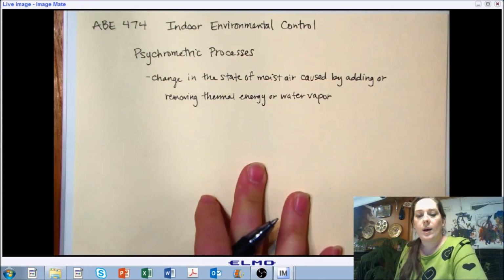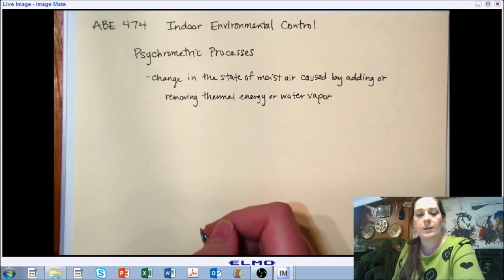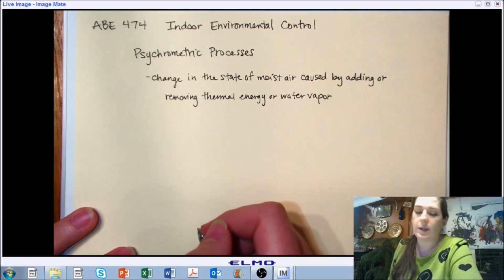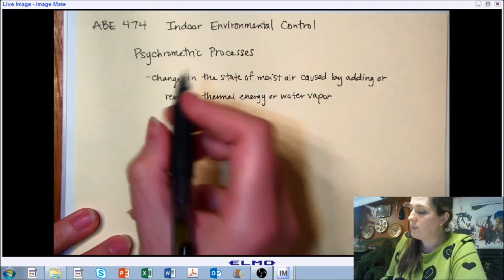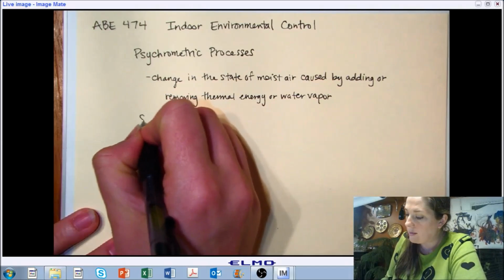There are two main ways to break down this change in energy, and we're going to need to be familiar with these two terms. The first is called sensible heat.